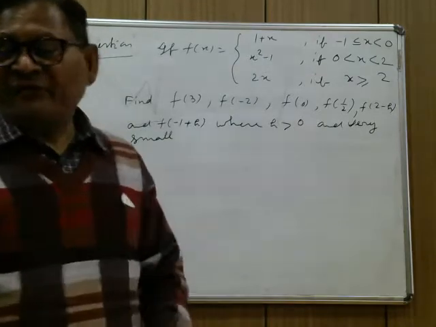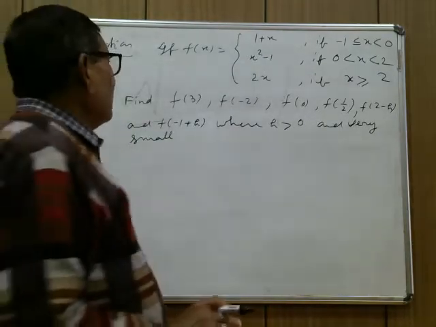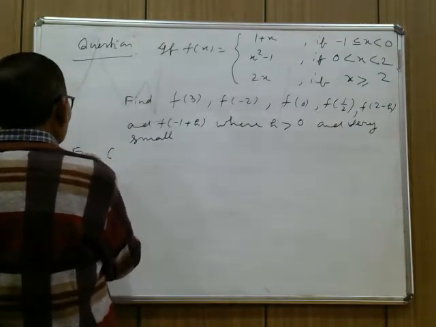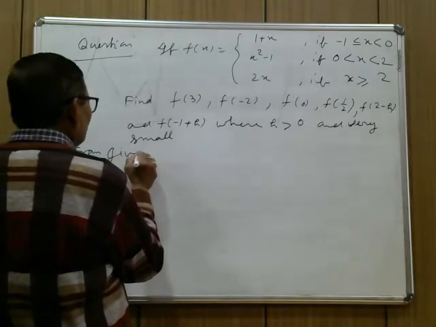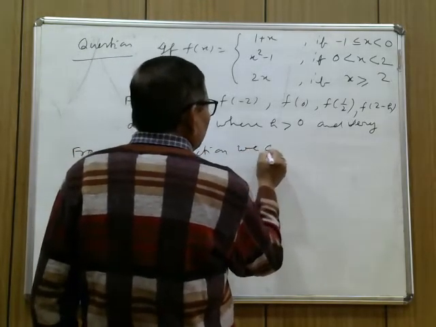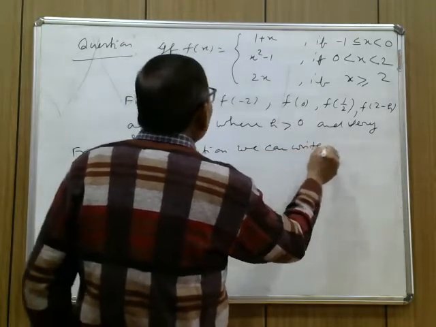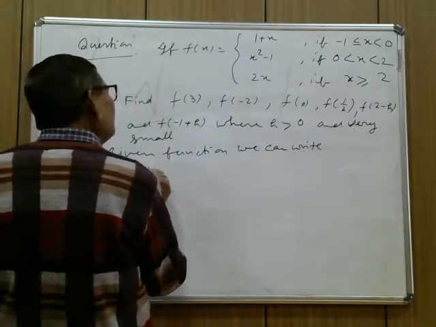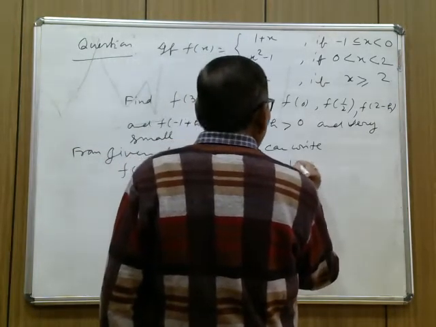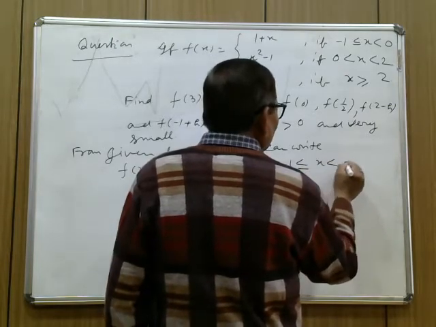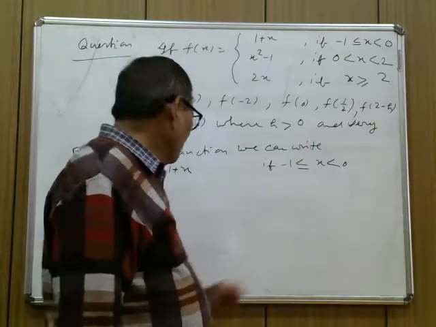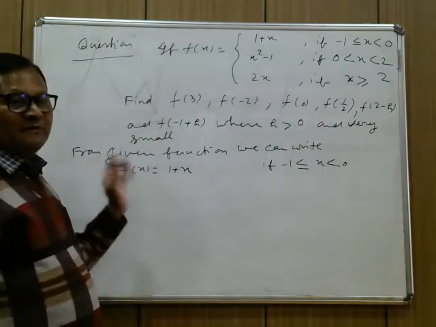So from the given function, we can write f(x) equals 1 plus x if minus 1 is less than or equal to x is less than 0. So when your value of x is from minus 1 to 0, your function f(x) is 1 plus x.